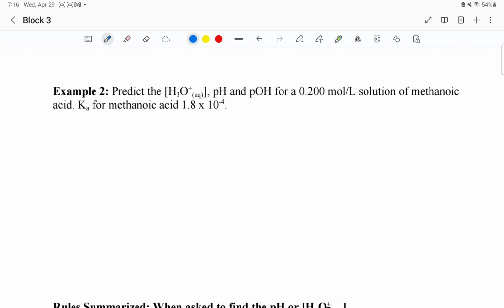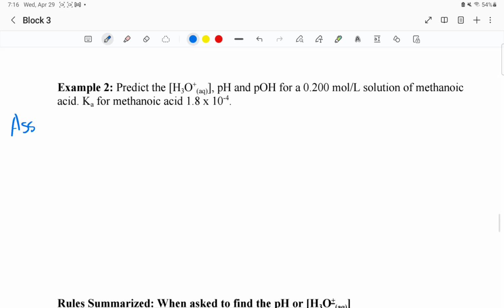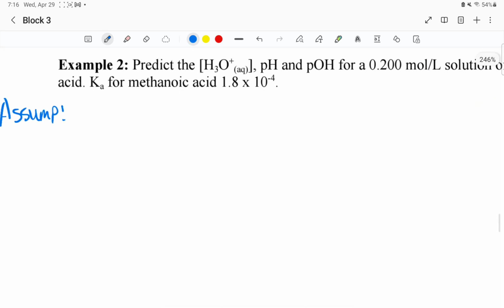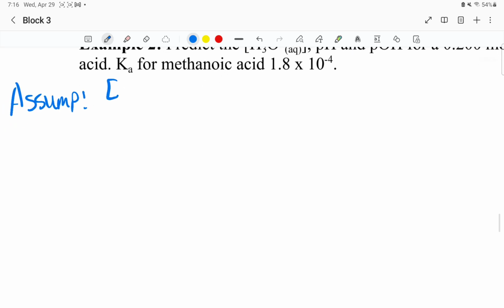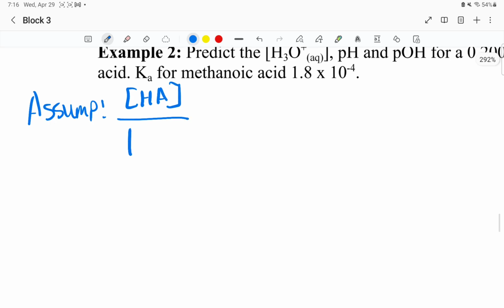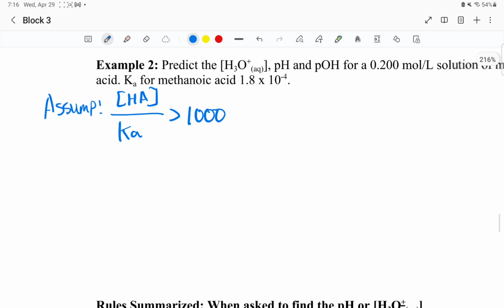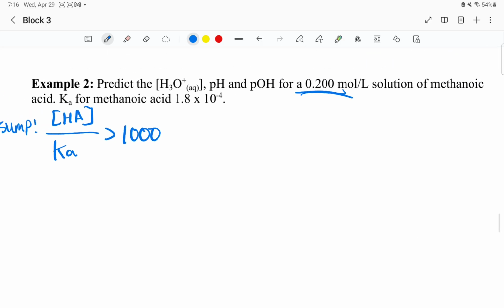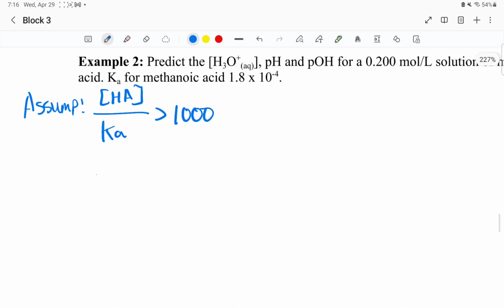In order to find the H3O, the pH, and the pOH, we're first going to do our assumption check. When we divide the initial concentration of the acid by our Ka, we want to see that it is bigger than 1,000. The initial concentration of the acid was 0.2, and your Ka is 1.8 times 10 to the negative 4.